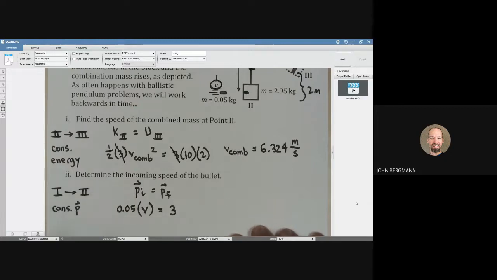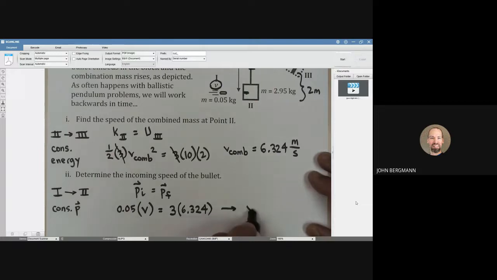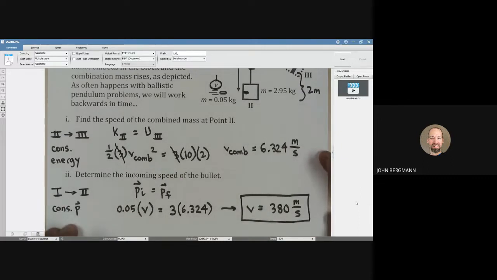And we just found that those are going to start swinging with that speed right there. This number comes out to be roughly 19 or so, and then we're going to divide by this very small number. You'll need a calculator on this, probably. I did. And that comes out to be about 380 meters per second. So that was the speed of the bullet before it hit that block.